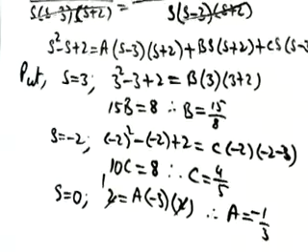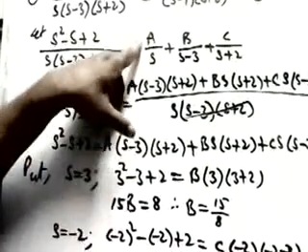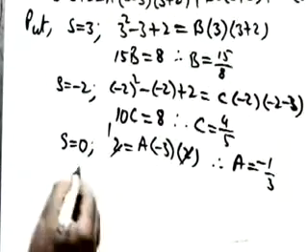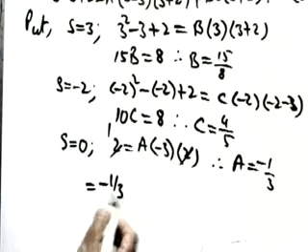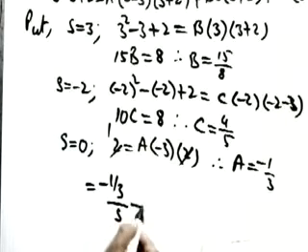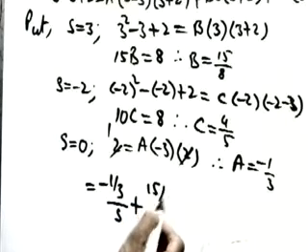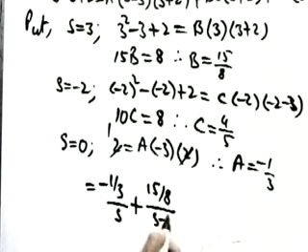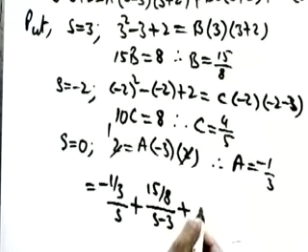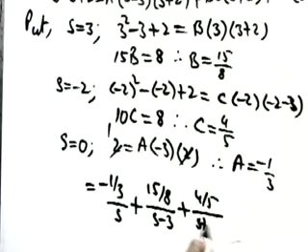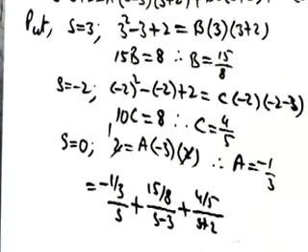Now we got the values of a, b, c. You keep the value of a, b, c in this, then you will get three factors. a value is minus 1 by 3 by s, plus b value is 15 by 8 by s minus 3, plus c value is 4 by 5 divided by s plus 2.